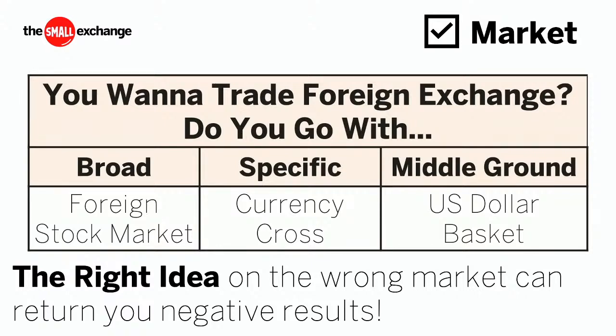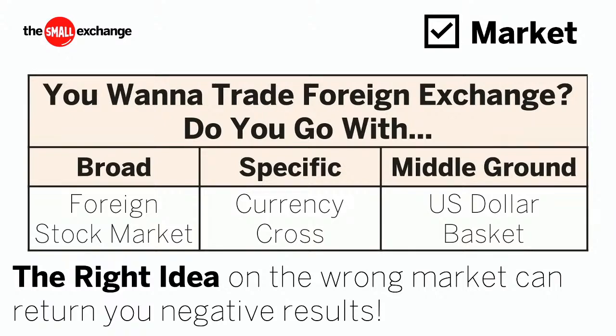Because I've seen this and I've done this before, where you want to trade, for instance, you got a hunch on where Asian currencies might be headed, and you choose to go maybe too broad with it, and you put in a trade on Asian equities, which, yeah, of course, they do have some correlation to yen, Chinese renminbi, and the different Asian currencies, but you've engineered a stock trade.